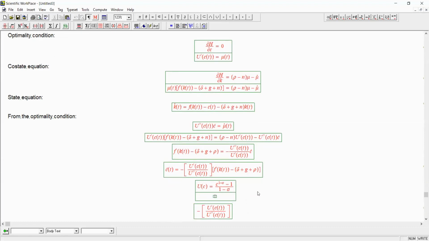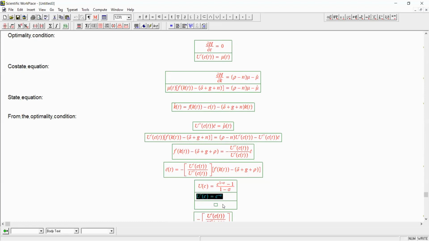Well, first, let's take u prime. U prime of c, of course, is just one minus sigma times this. So 1 minus sigma cancels out, and we're left with this simple expression.